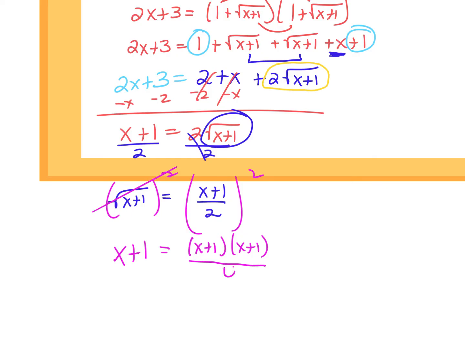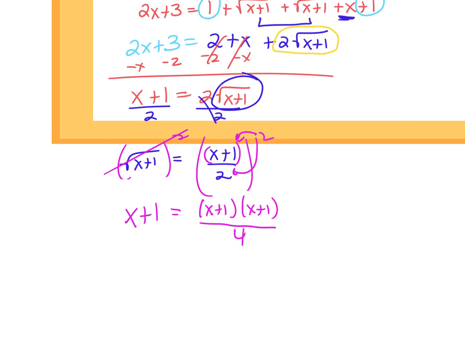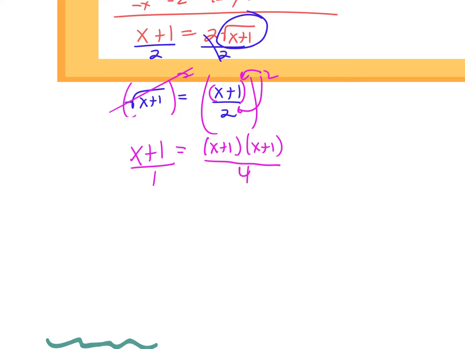Over 4. Because the 2 goes here and it goes down here. So I have x plus 1 on my left-hand side, and I'm going to FOIL. X squared plus what? 2x plus 1 over 4.